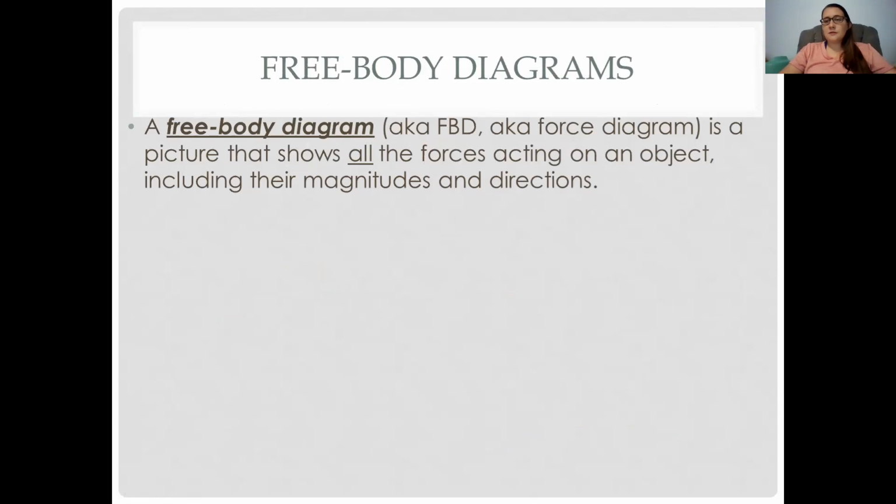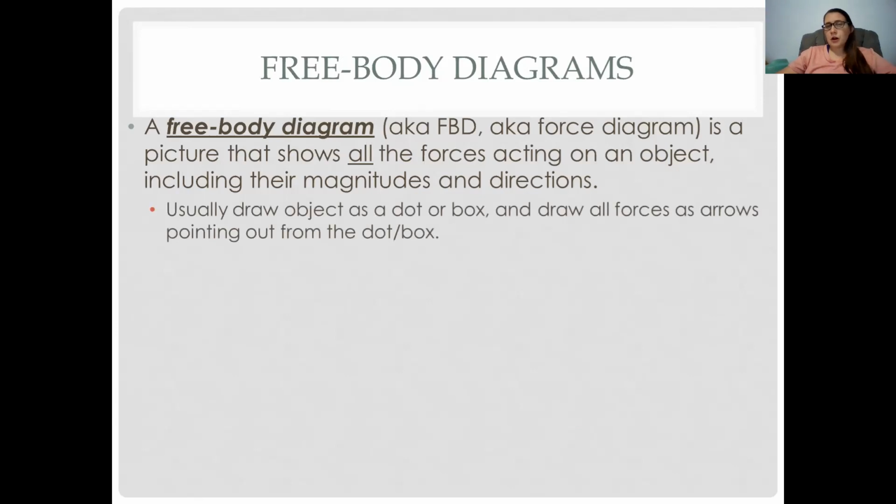So these kinds of pictures show all of the forces that are acting on an object, including their magnitudes and directions. Now, it is important that you include all of the forces that are acting on an object, even if they don't seem relevant, or even if they seem like they will be balanced out by something else, you still need to include them in your free body diagram.